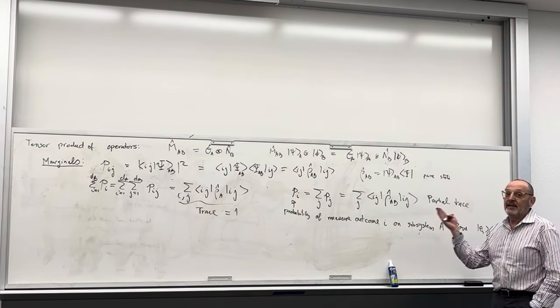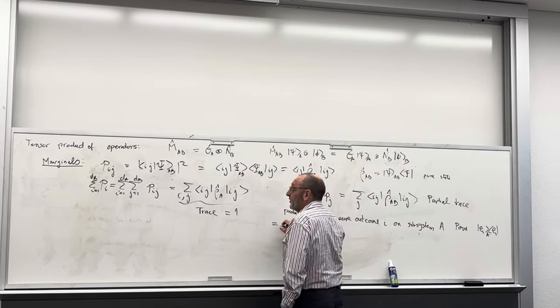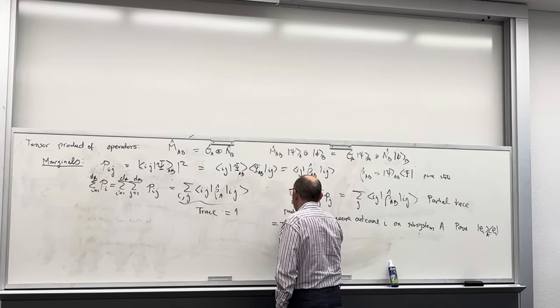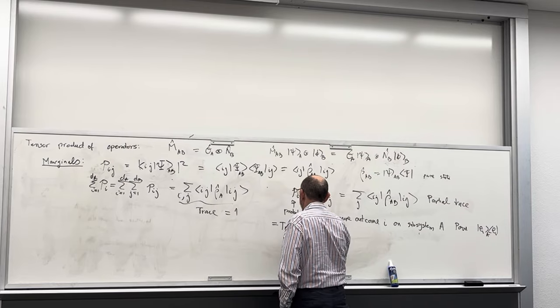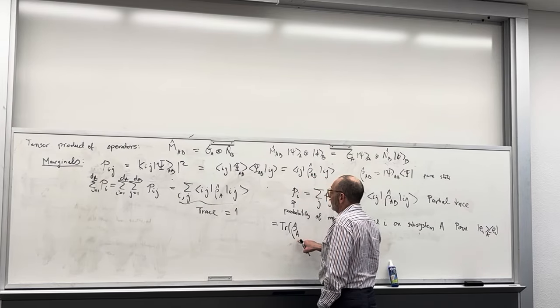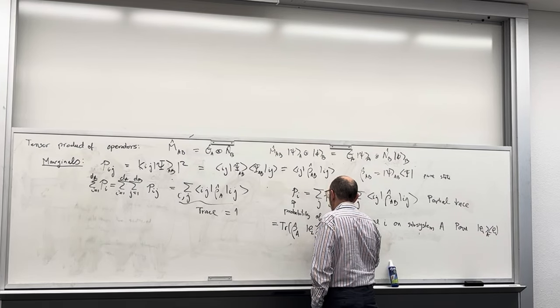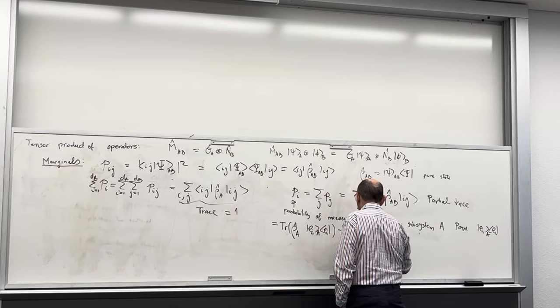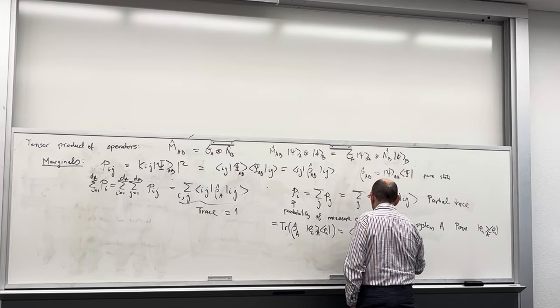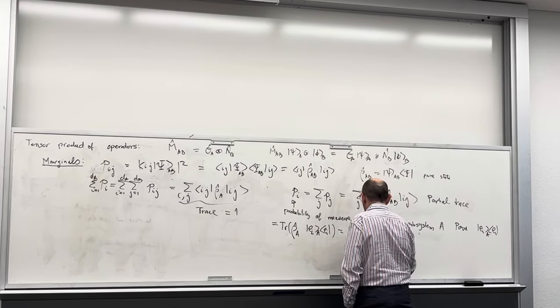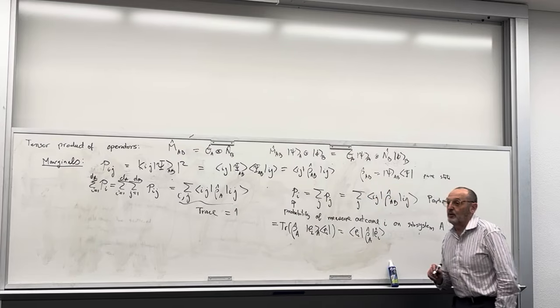And that should be given by Born's rule. And that Born's rule should be the trace of something that's associated with the state of A times the POVM element. That's our rule for the diagonal matrix element, in this case for a basis measurement of that sort.